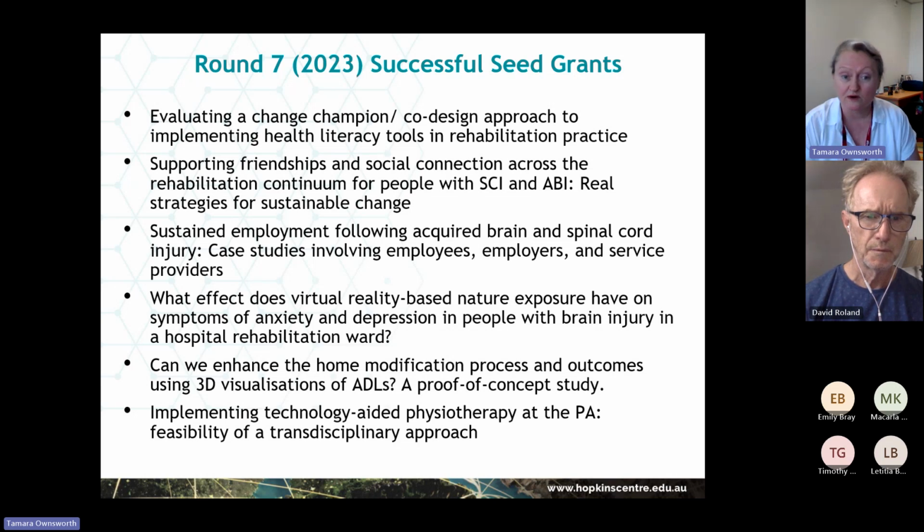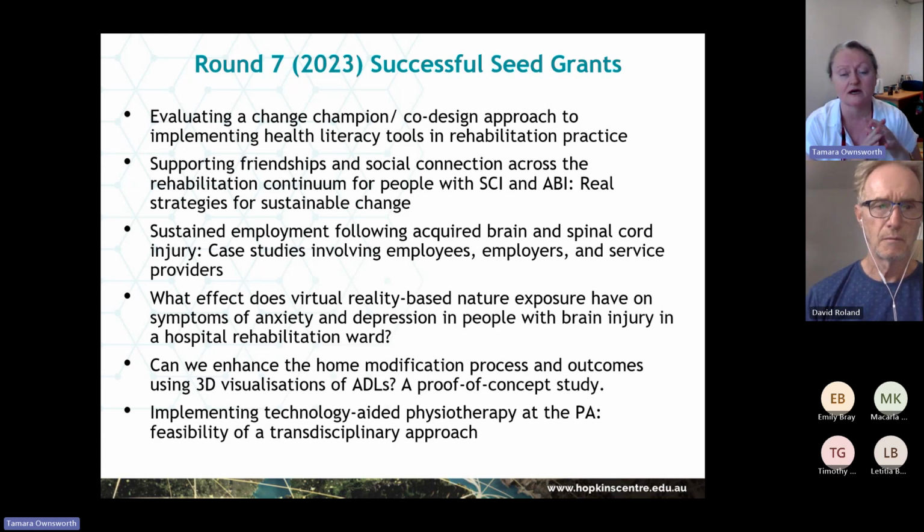The second one, Supporting Friendships and Social Connection, is led by Melissa Kendall, and this one fits really nicely with the psychological intervention project with a focus on psychosocial wellbeing. The third one, Sustained Employment, looks at case studies from 3 different perspectives. This one is led by Jessie Mitchell and aligns very nicely with the Sustainable Employment and Inclusive Workplaces program.